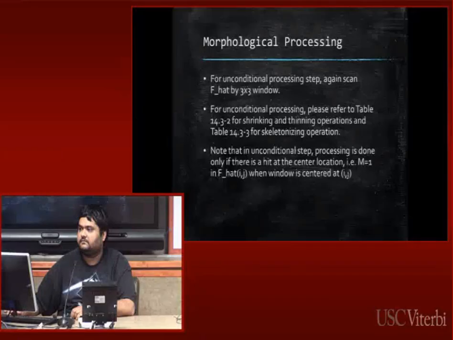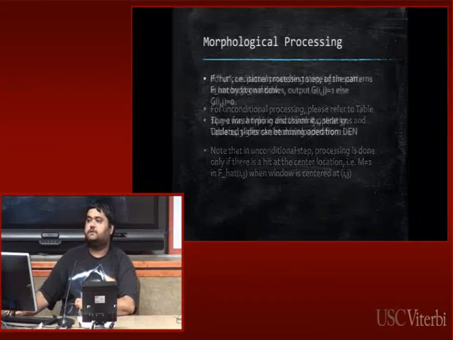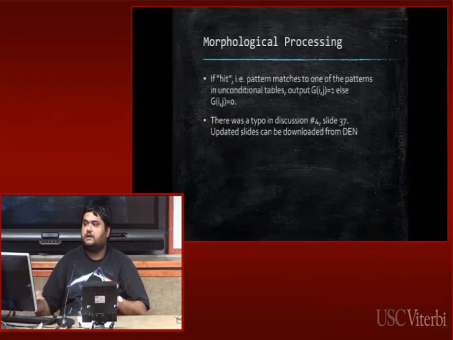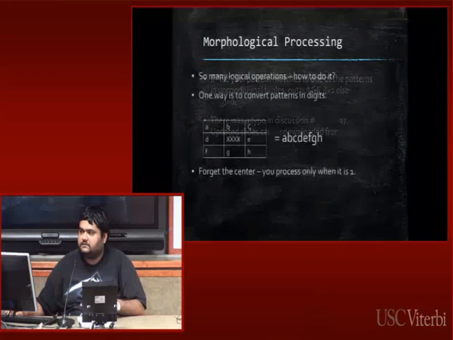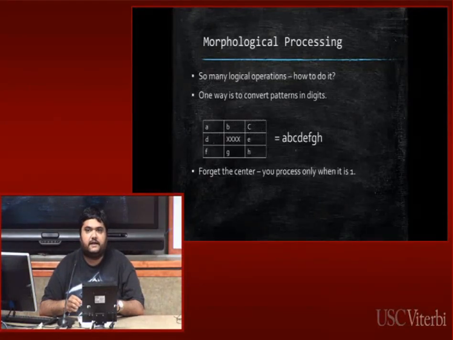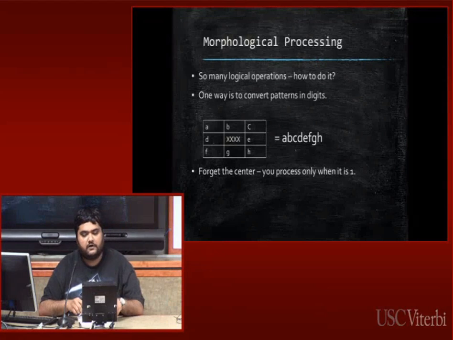Okay, so I'll come back to this. There are so many logic operations, so how do you do it? You can convert a 3x3 mask into 8 bits of digits, right? And you can finally decode them from base 2 to base 10. Then you just need to match the numbers. So for all of the masks, you can just find out the corresponding number.